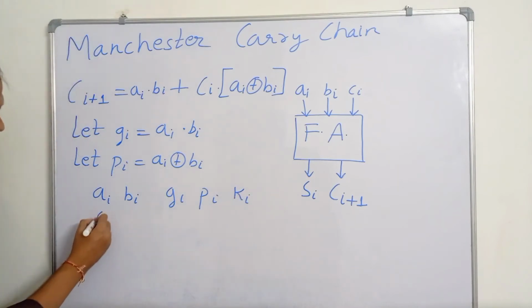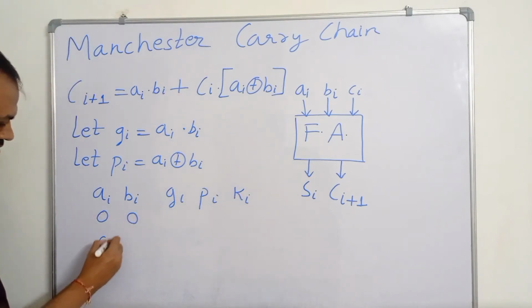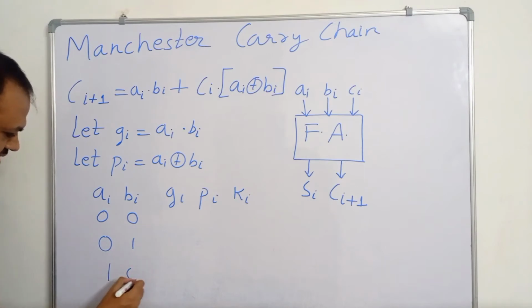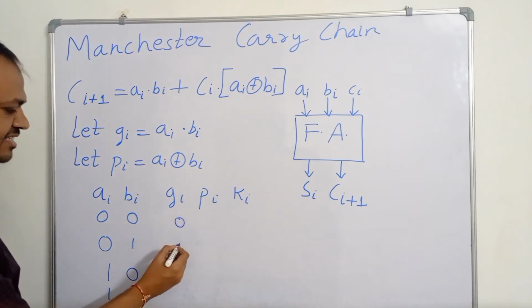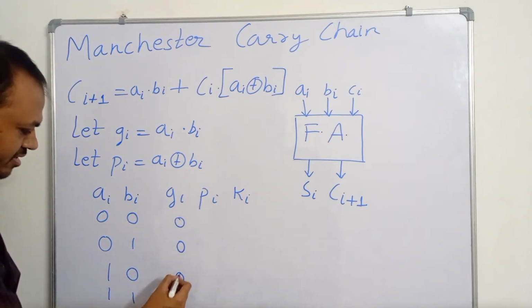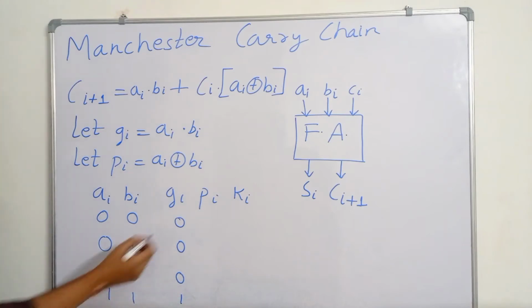So AiBi: 00, 01, 10 and 11. These are the four possible values of Ai and Bi. For Ai and Bi both 0, Gi should be 0, Pi is 0, and Ki will be 1.